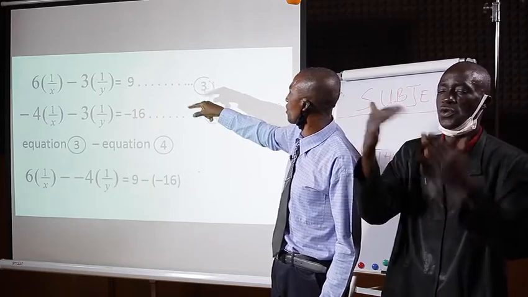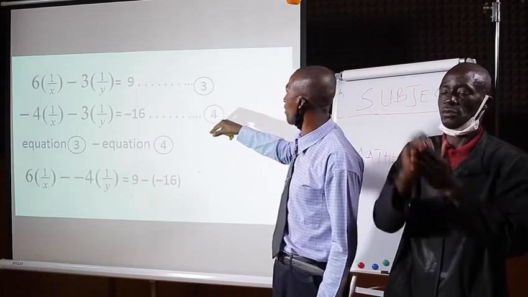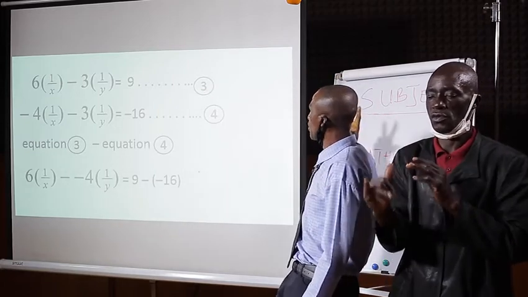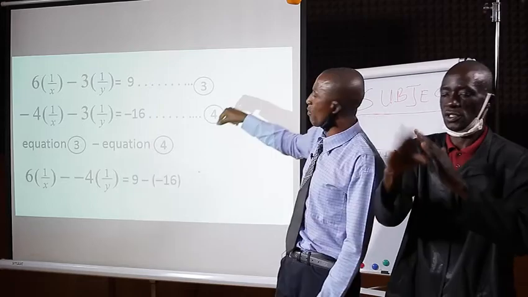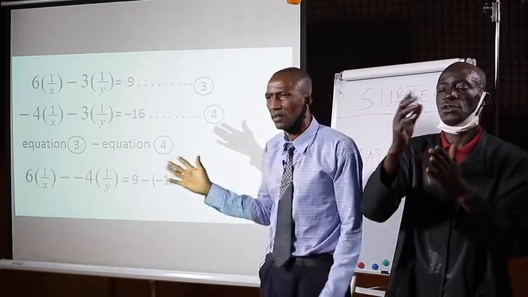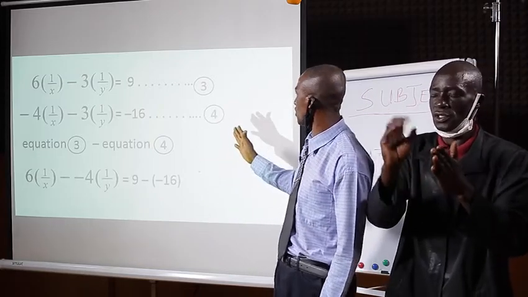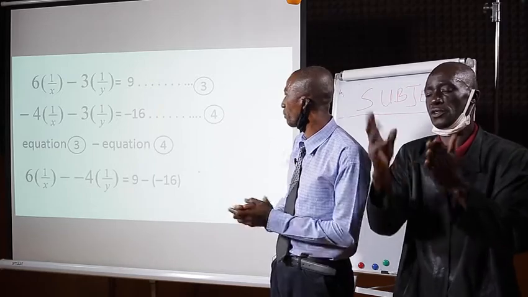Then equals 16 in equation 2. If you multiply 16 by minus 1, it will give you minus 16, and I name it equation 4.